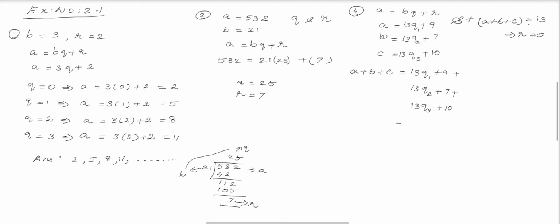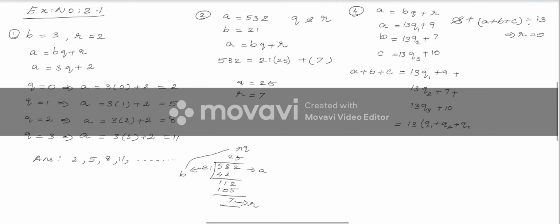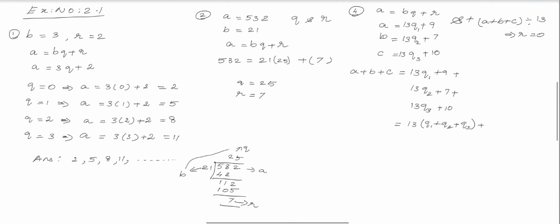So when you sum up, what do you get? You can take this 13 common, isn't it? And you write in bracket Q1 plus Q2 plus Q3 plus you sum up the remainders 9, 7 and 10. What do you get? Are you getting 26?